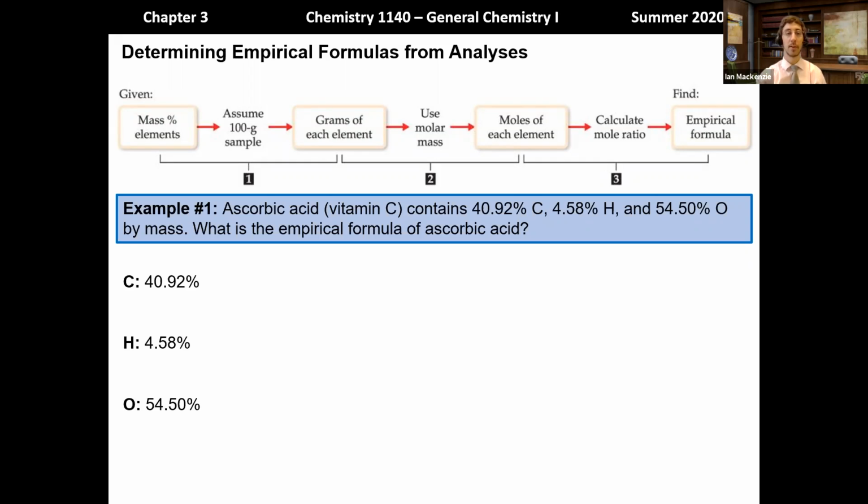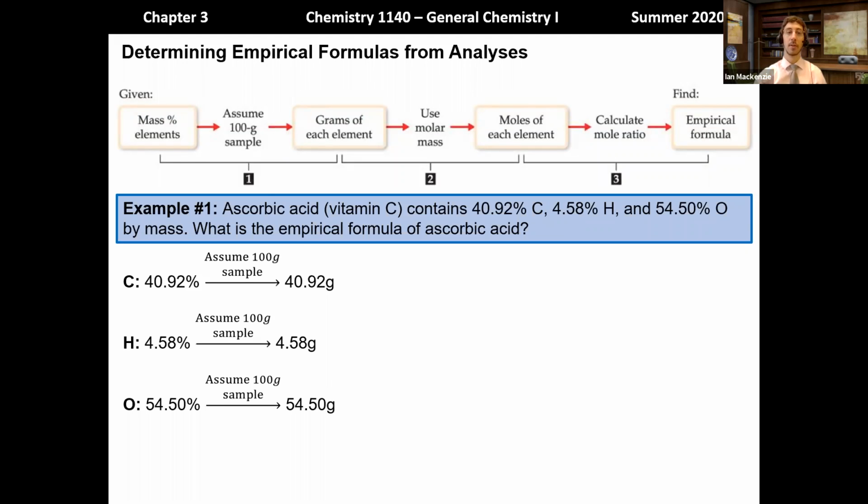Very first step, I start with my mass percents, and I assume that I have a 100-gram sample. If I have 100 grams, then 40.92% of that is 40.92 grams. 4.58% of 100 is 4.58 grams, and so on.